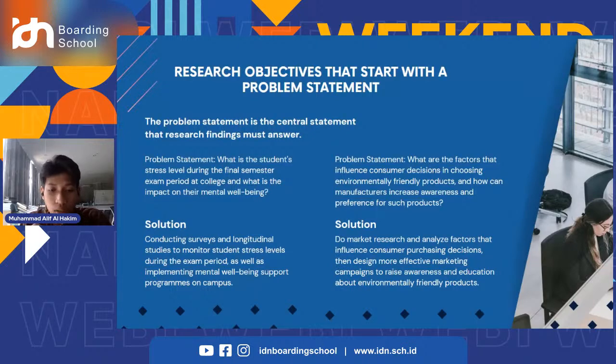And then for the second example, problem statement: what are the factors that influence consumer education in choosing environmentally friendly products, and how can manufacturers increase awareness and preference for such products? And the answer for the solution: market research and analysis of factors that influence consumer purchasing decisions, then design more effective marketing campaigns to raise awareness and education about environmentally friendly products.